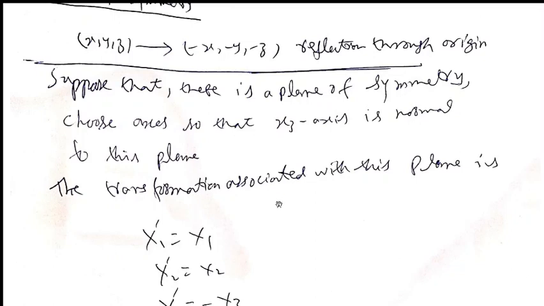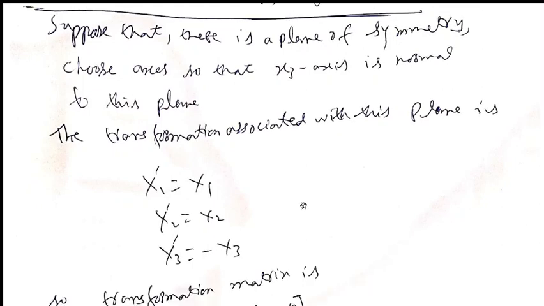Then for that symmetry, this transformation will be associated with that symmetry. X1 dash equals to x1, x2 dash equals to x2, and x3 dash equal to minus x3.